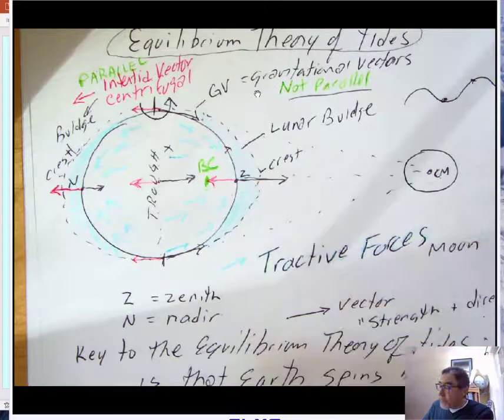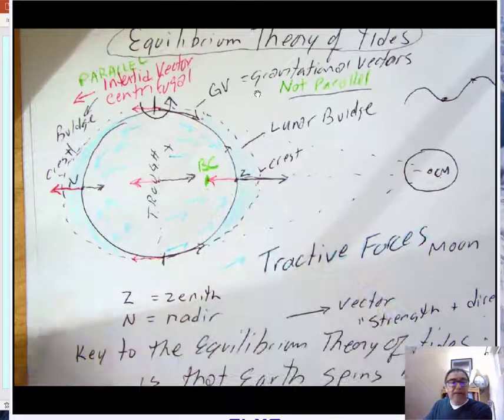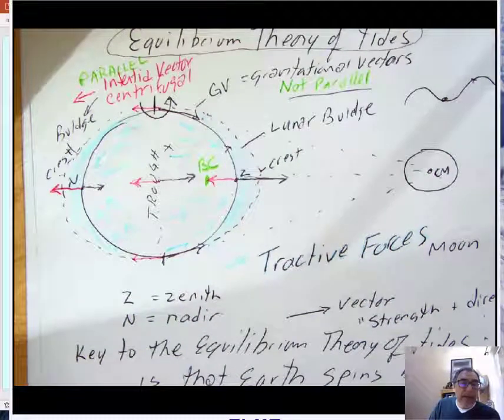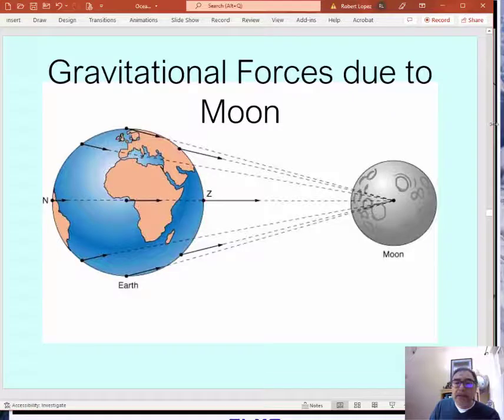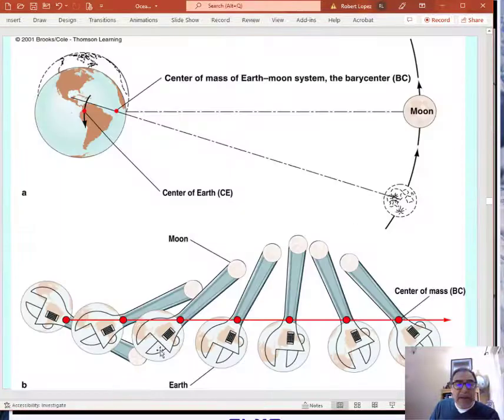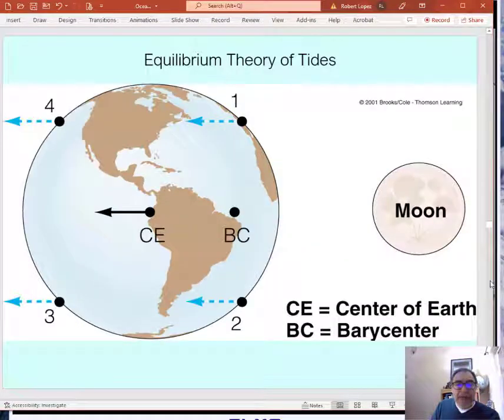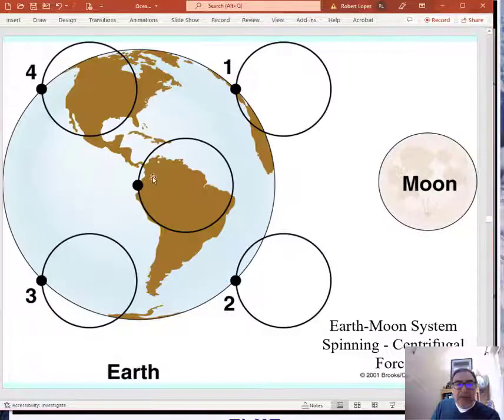Right, and then the other type of vector is because Earth and the moon are spinning around that barycenter, right? We're going to get this inertia bulge or centrifugal bulge on the opposite side of Earth. You'll see that every point on Earth is going to spin the same diameter.